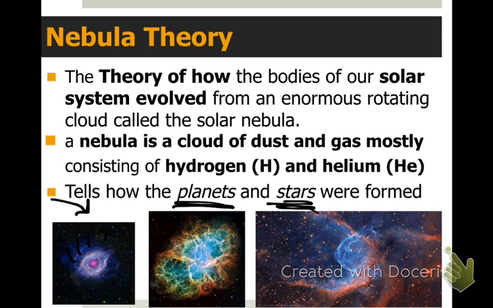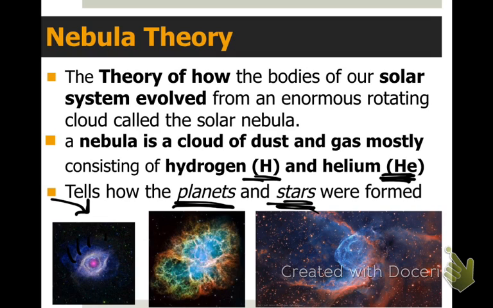And the two main gases within these nebulas are hydrogen and helium. And do be familiar with H for hydrogen and HE for helium. I know you've looked some at chemistry in middle school, but a lot of times they do just put the abbreviations on the test and not the full word. So with the nebula theory, you just had this giant rotating cloud of gas and dust, and that made our planets, and that also made our stars.